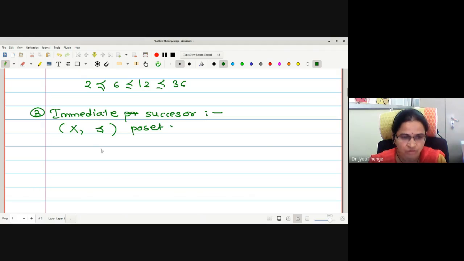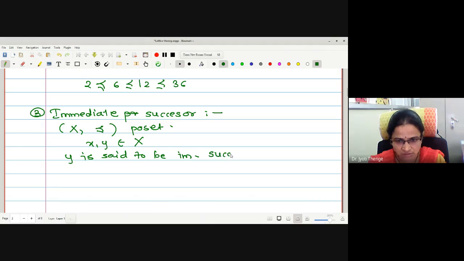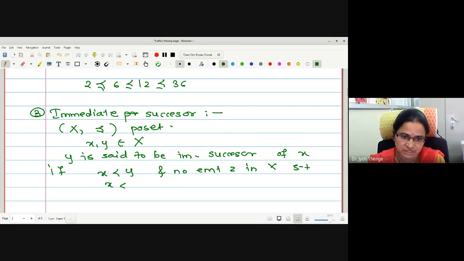Then for any two elements X, Y in X, Y is said to be the immediate successor of X if X precedes Y and there is no element Z in X such that X precedes Z and Z precedes Y. What is the meaning?